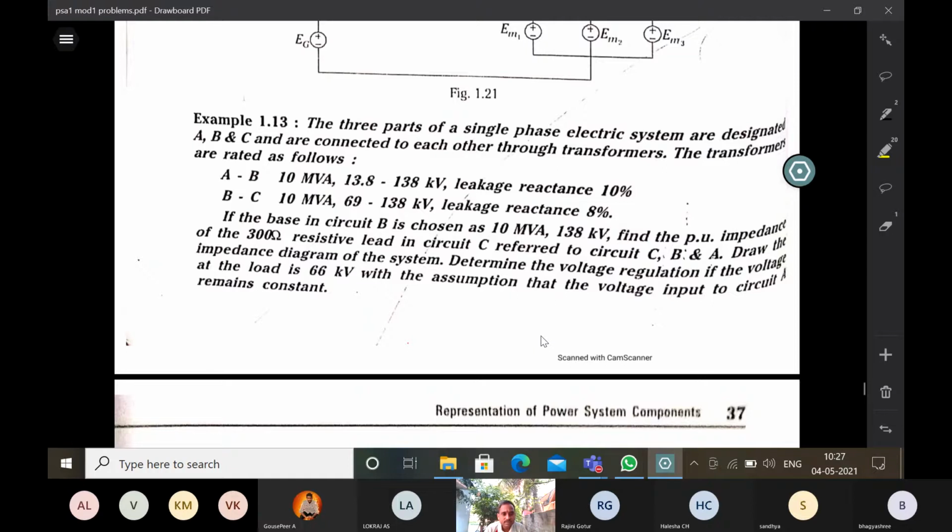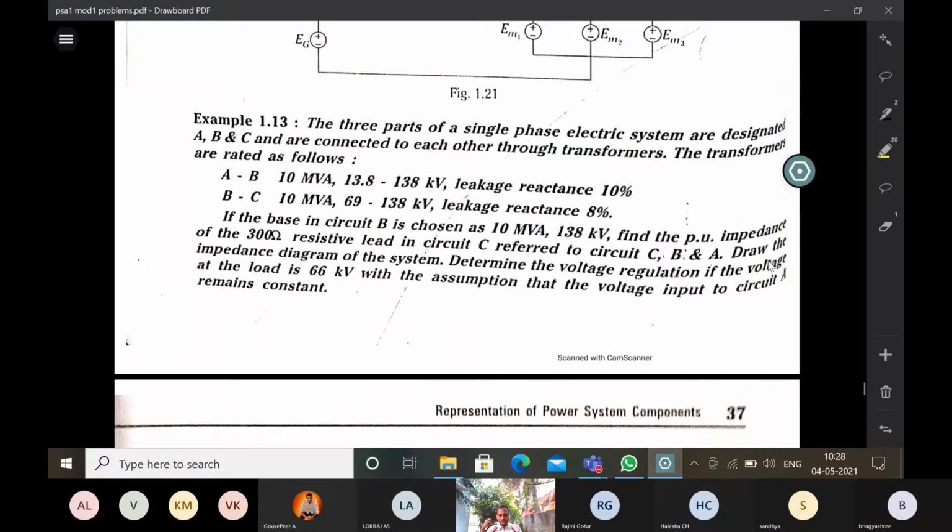If the base in circuit B is chosen as 10 MVA, 138 kV, find the per unit impedance of the 300 ohm resistive load in circuit C referred to circuit C, B and A. Draw the impedance diagram of the system.